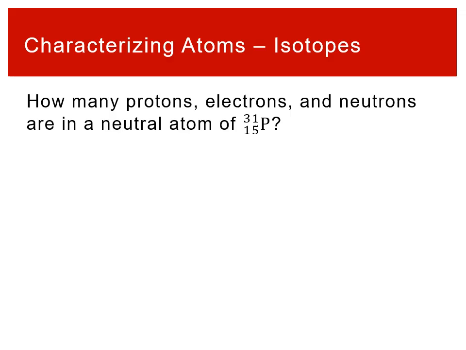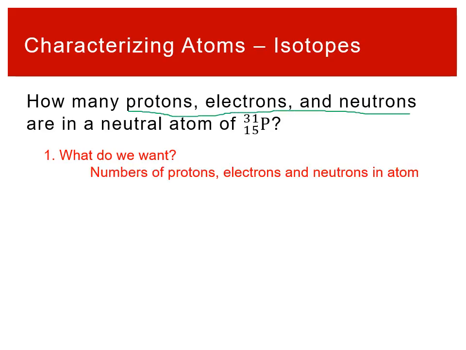What we also want to be able to do then is translate from that packaged information, nuclear symbols, into information of how many protons, how many electrons, and how many neutrons are in a neutral atom of 31/15 P. Okay, so we want to start with: what do we want? In this case, we can see that it is going to be these protons, electrons, and neutrons that we're after.